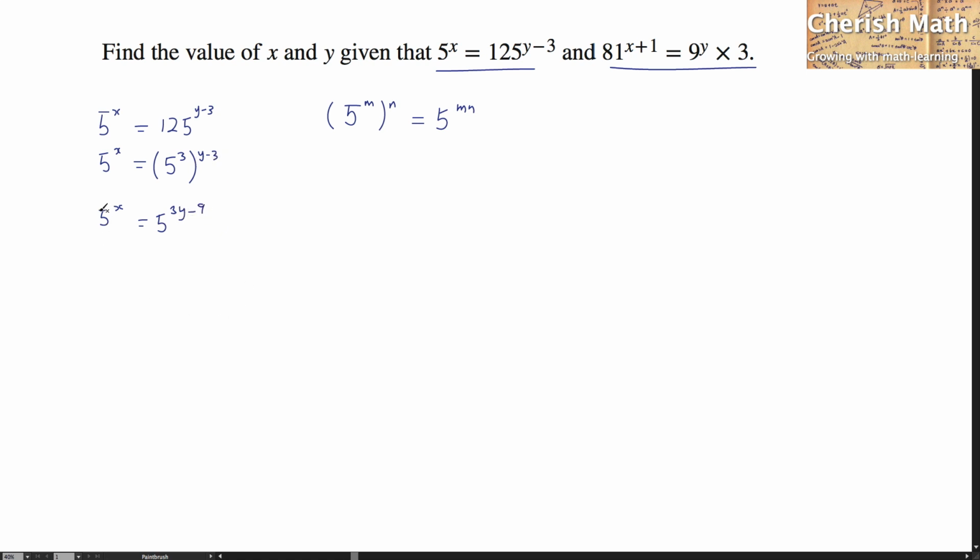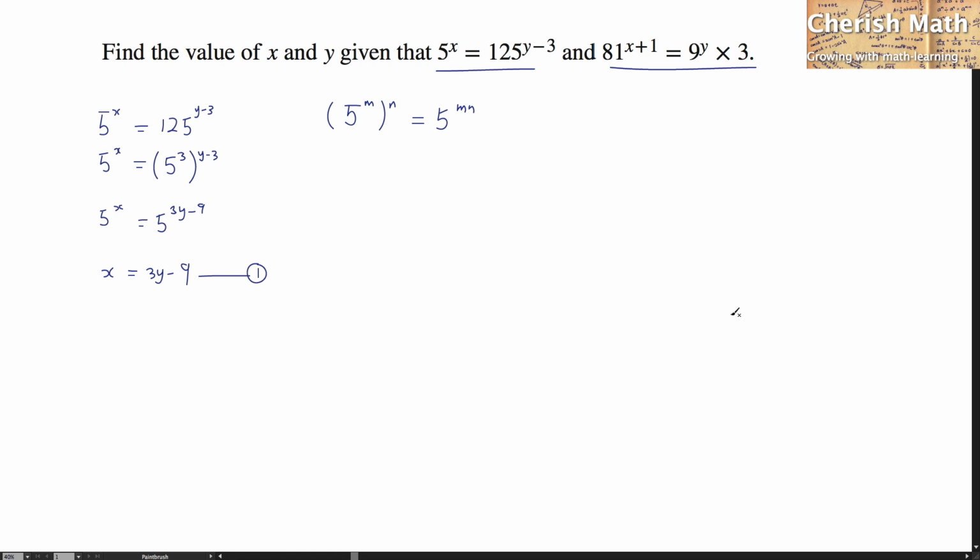Since the index number is the same, we just pick up the power itself and equate it directly. x is equal to 3y minus 9, and this is known as the first equation of our solution.